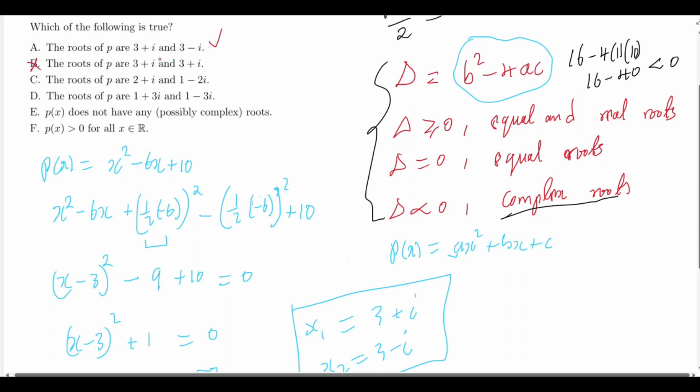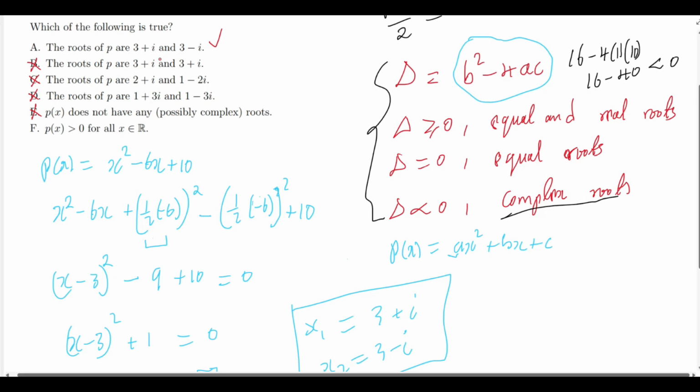Option C says the roots are 2 plus i and 1 minus 2i, which is wrong. Option D says the roots are 1 plus 3i and 1 minus 3i. That is not what we have. Option E says p of x does not have any complex roots. Wrong. The discriminant is less than 0, therefore complex roots exist.